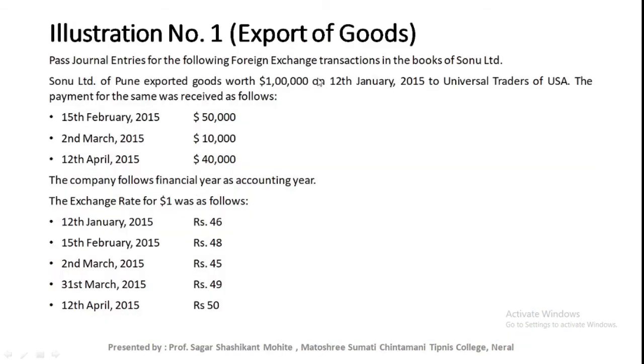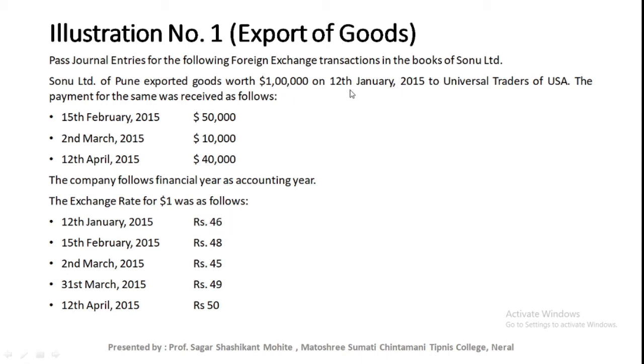Next transaction, just transfer the transactions in chronological order. After 12th January, the next transaction will be on 15th February 2015 for receipt of $50,000 US. On that date, the rate of exchange was rupees 48 per US dollar. So we are going to receive more amount.